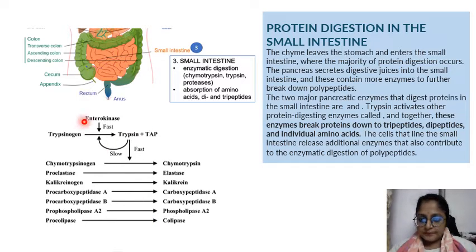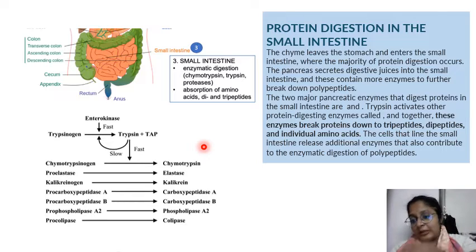by this trypsin. So when the chyme, the churned mixture, leaves the stomach and comes into the small intestine, the maximum of the protein digestion takes place. Till now we were breaking the protein into smaller parts, but now it is the digestion of the protein that takes place.